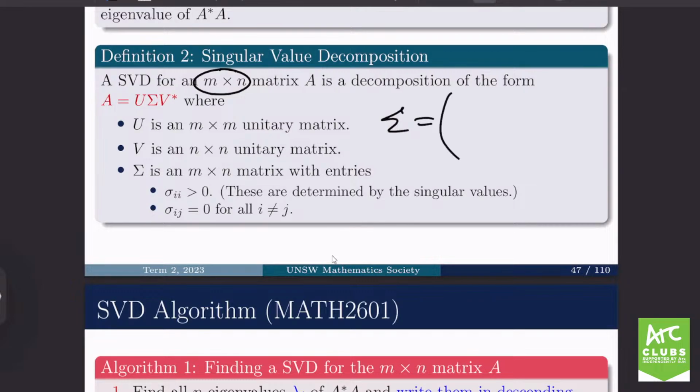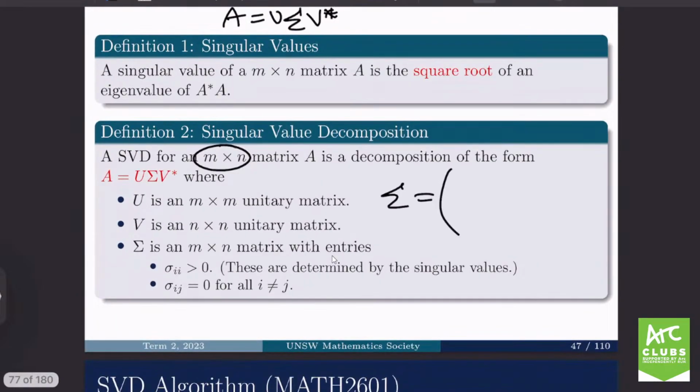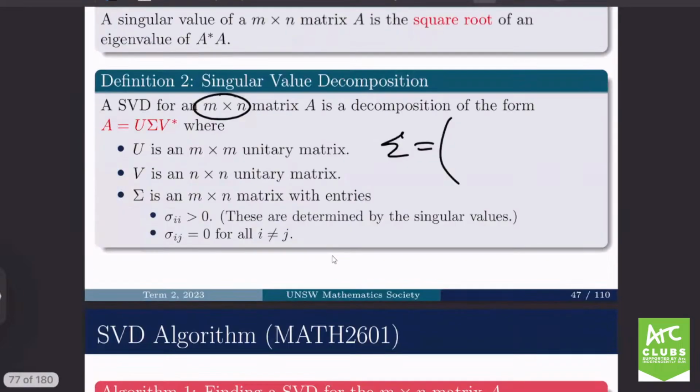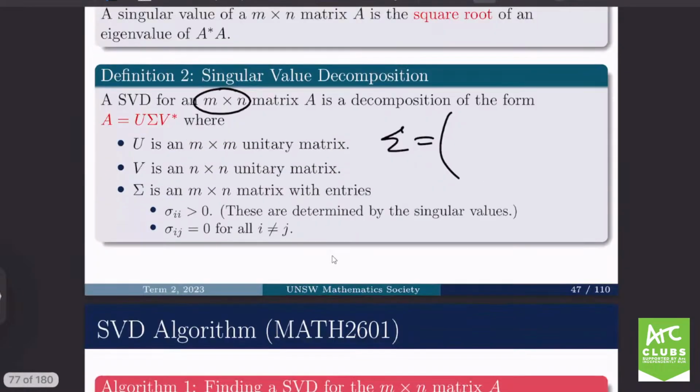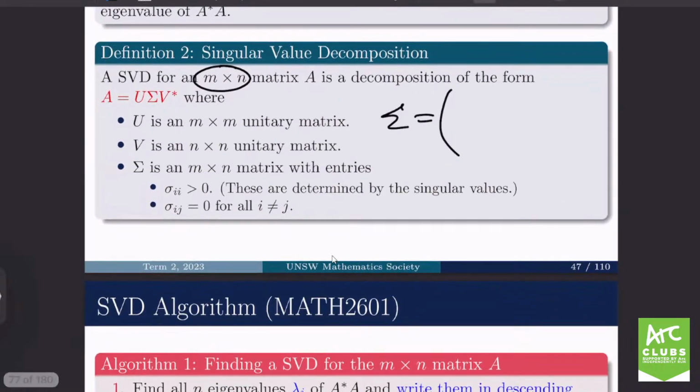Singular values will be the square roots of the eigenvalues of A star A. It's a bit confusing if you haven't seen this before, but the process will make it clearer why we define these things this way. The matrix sigma will have only singular values on the diagonal, and elsewhere will be filled with zeros.